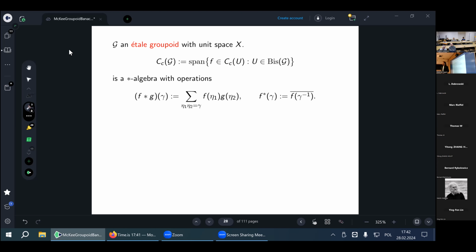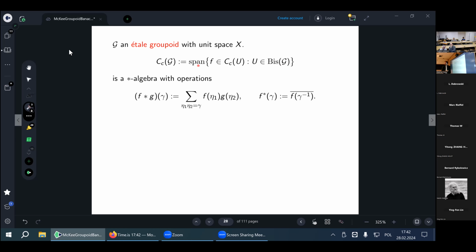I should apologize because I just told you I was going to stick to the Hausdorff case and then immediately started talking about the non-Hausdorff case. This view of C_c(G) informs our definition of the norm.